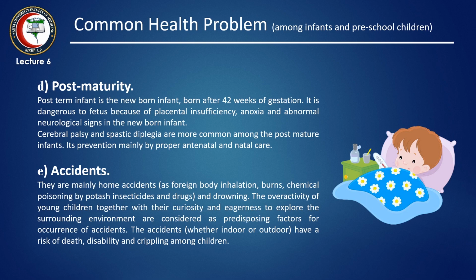The most important examples are cerebral palsy and spastic diplegia, which are more common among post-mature infants. However, its prevention is mainly by proper antenatal and natal care, I mean through primary prevention. Primary prevention is a tool of prevention used for preventing post-maturity, which is dangerous.